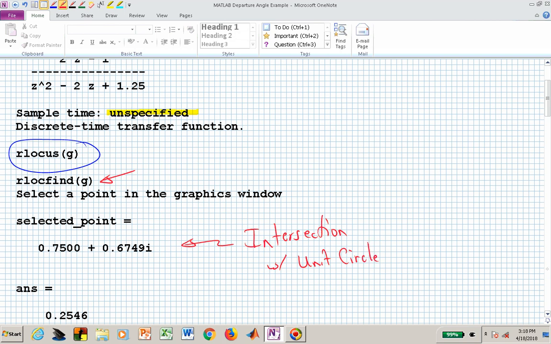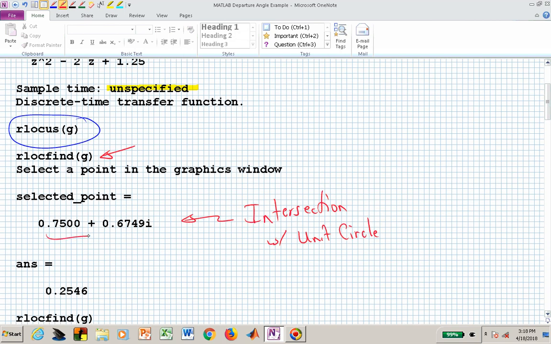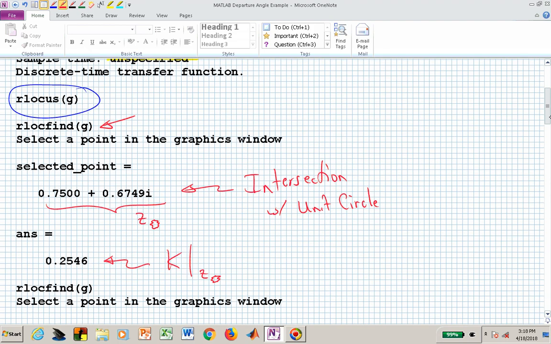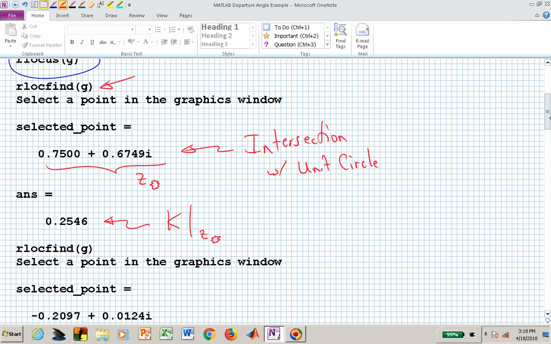And in fact, this is what we were calling our z cloud, and here is the gain at z cloud.